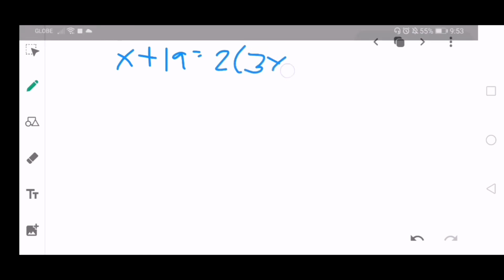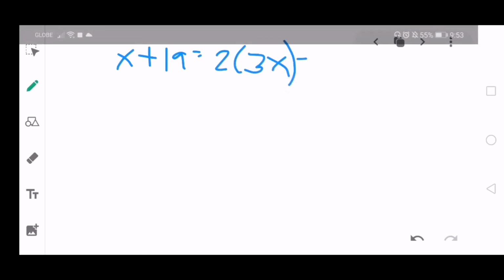So let's check if this value of x satisfies our given equation. Our equation is x plus 19 is equal to 2 times 3x minus 6.